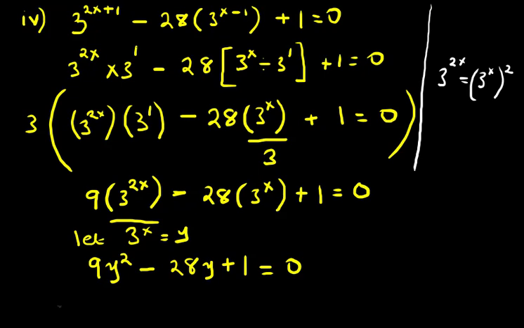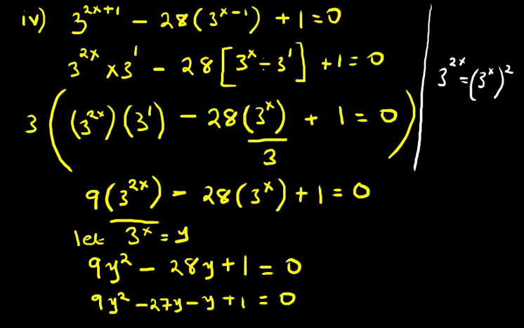This equation is something I'm sure that most of us are familiar with. We know how to solve quadratic equations. So simplifying this, this then becomes 9y squared minus 27y minus y plus 1 is equal to 0.